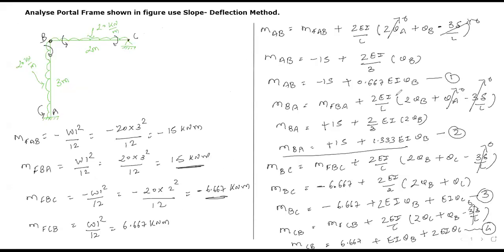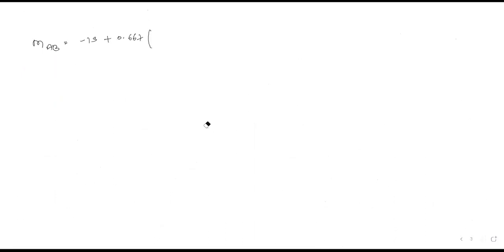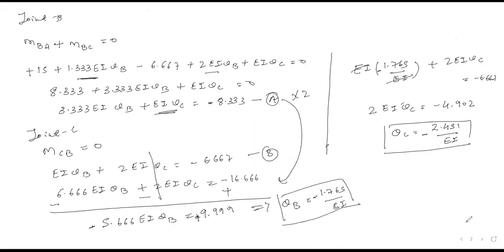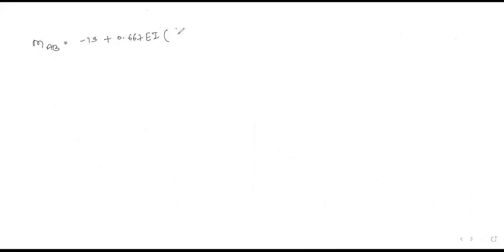And just see here, we already have EI available. So we will write like this. 1.765 by EI. So EI cancels out. 1.765 multiplied by 0.667.